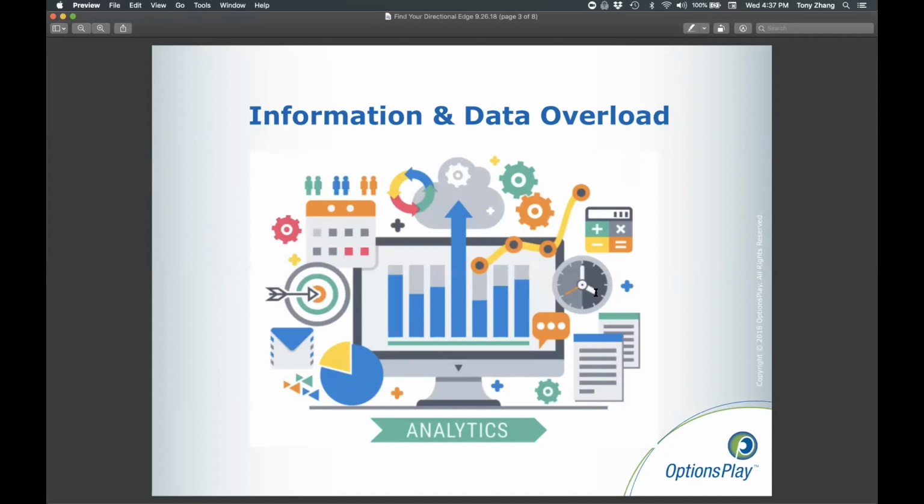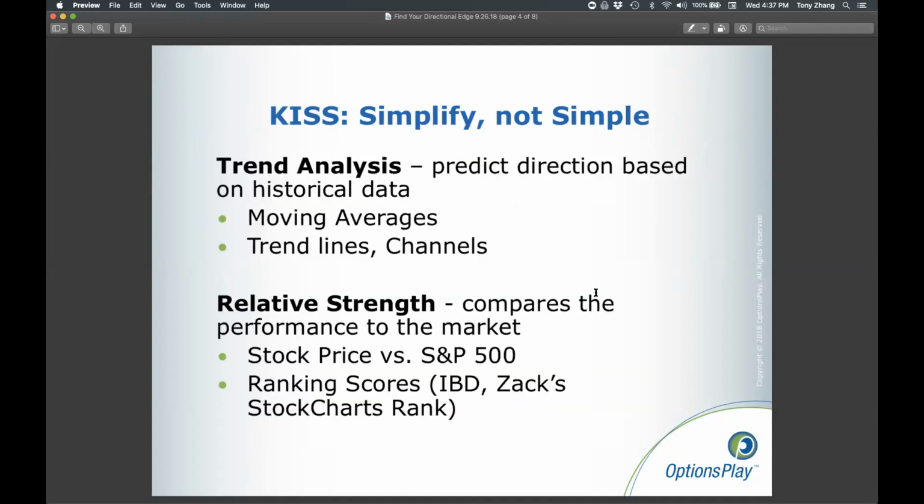So what we propose is simply simplifying your life. And keep in mind that simplified does not mean simple. We want to make sure that you still keep the fundamental or the important pieces, if you will, by simply filtering out the noise. And we think two ways to do this is to look at overall trend and look at relative strength.